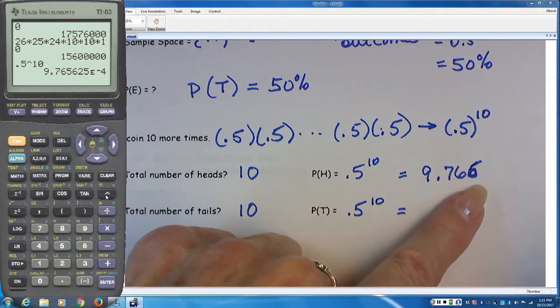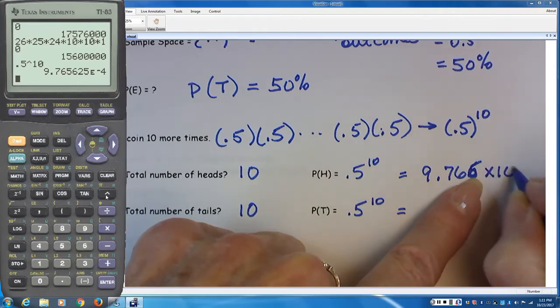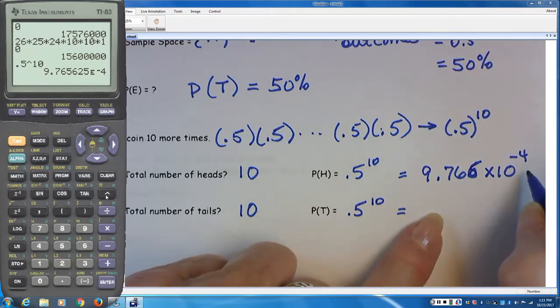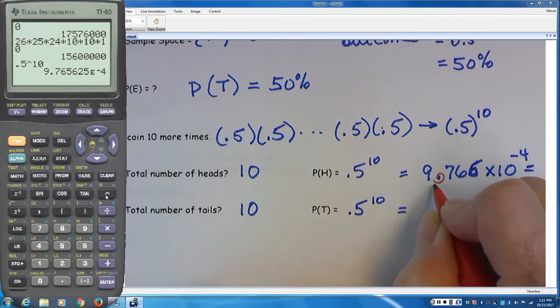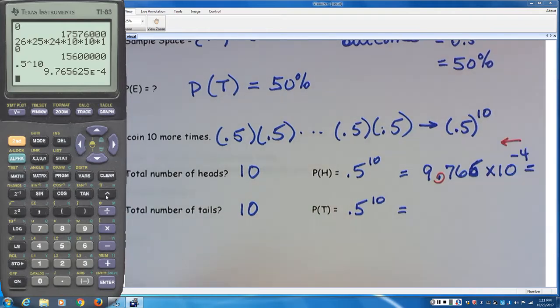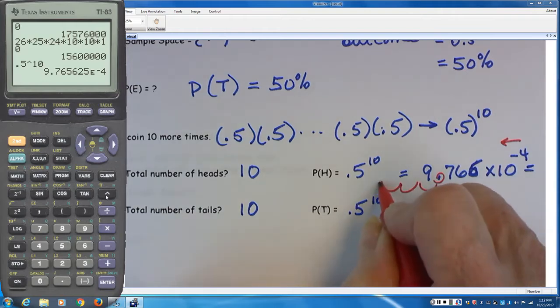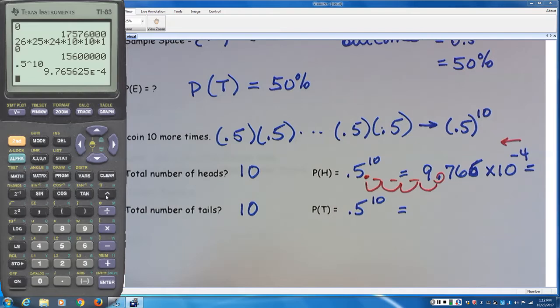So that number out there at the end, that e negative 4, means times 10 to the negative 4 power. And what that means is that you need to move this decimal from where it is to the left, because it's negative, 1, 2, 3, 4 times, which means you're going to need 1, 2, 3 zeros in front of that 9.